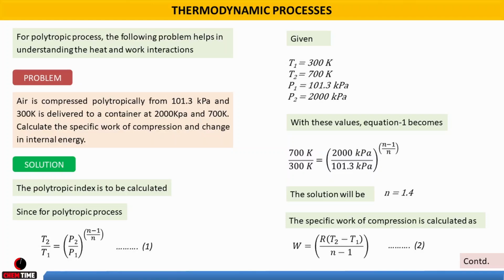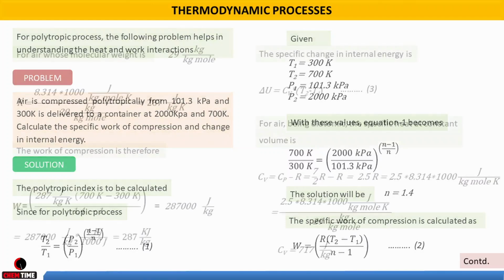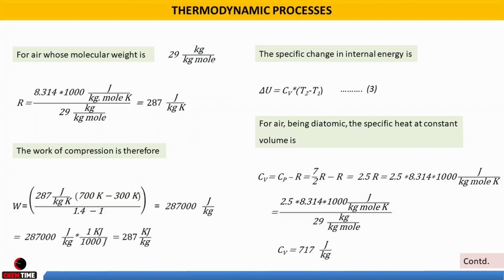Using the value of n, we can calculate the specific work of compression as R into (T2 minus T1) by (n minus 1). If you take R as 8.314 joules per mole Kelvin, it has to be converted into joules per kg Kelvin. This is done by dividing the R value by the molecular weight of air, and then it becomes the gas constant for air.